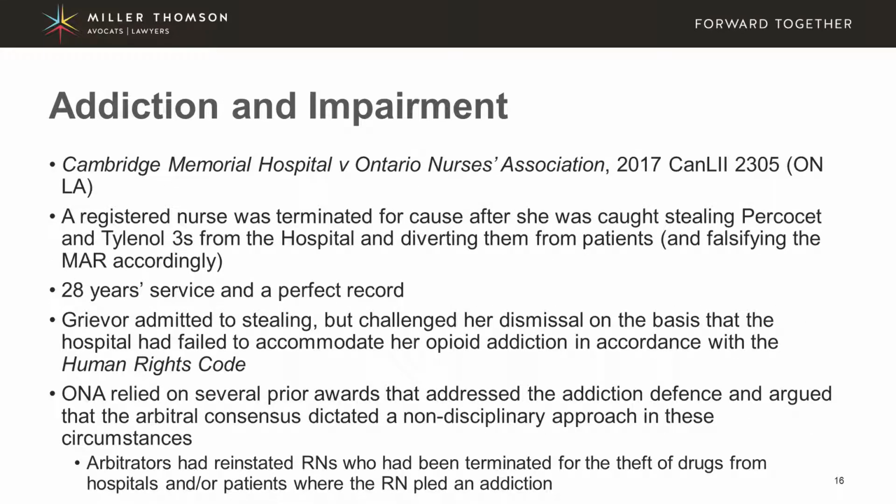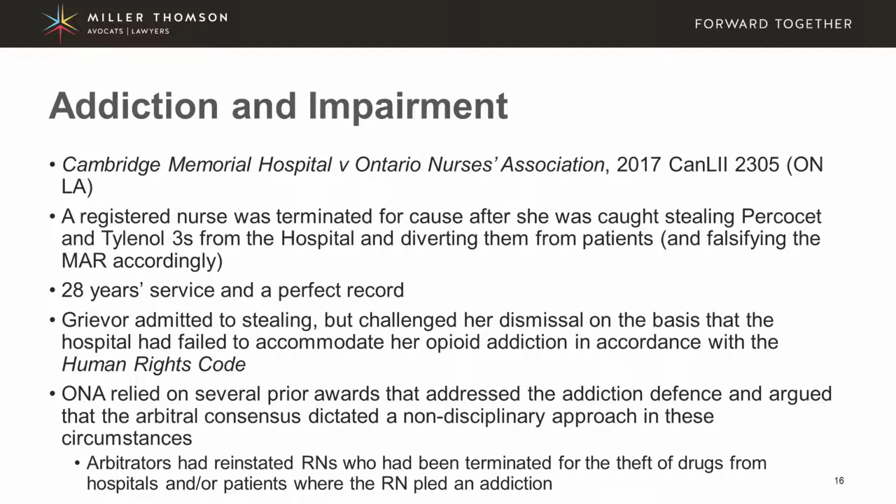So the case I want to cover that deals most directly with the issue of addiction and the defense to termination as a result of behavior that employees allege is related to their addiction or their impairment is the Cambridge Memorial Hospital and Ontario Nurses Association case from 2017. In that particular case, the RN was terminated for cause.